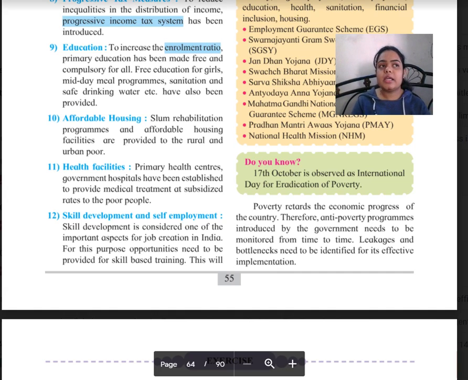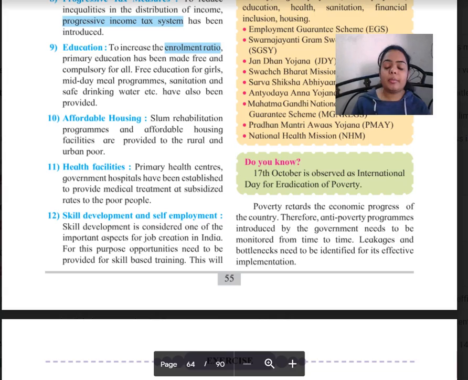From this chapter we have studied that in the process of giving it from the government to the people, there are many people in between, called bottlenecks, who are trying to ruin the situation, and the government is also unable to do anything. So it is very important to identify the bottlenecks and leakages in between, so that the schemes introduced and implemented by the government work successfully for the people.